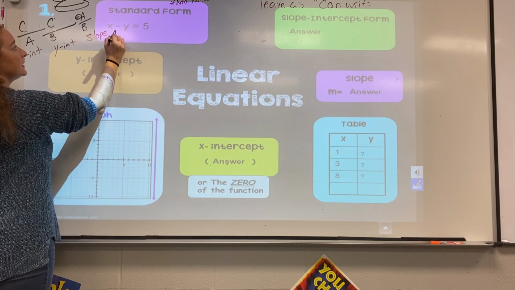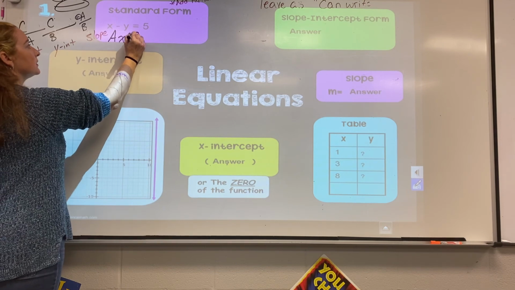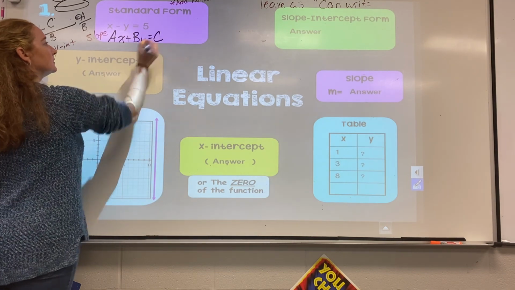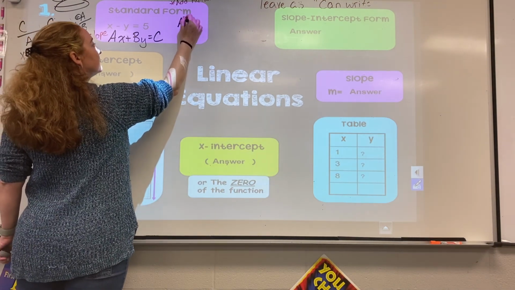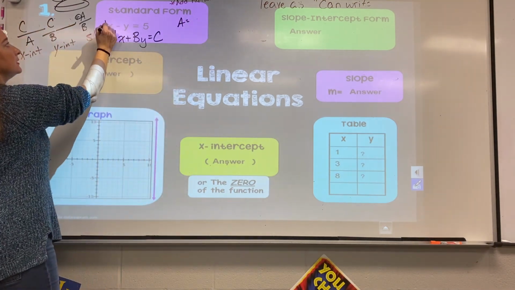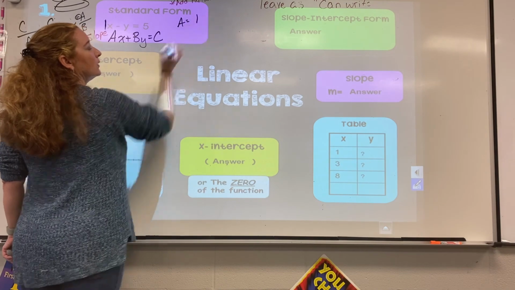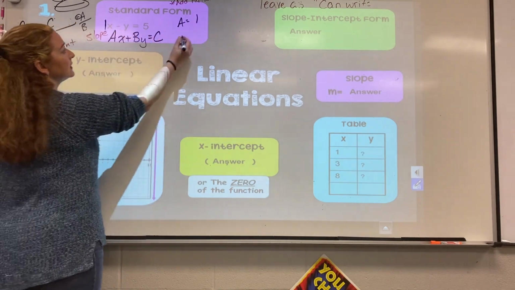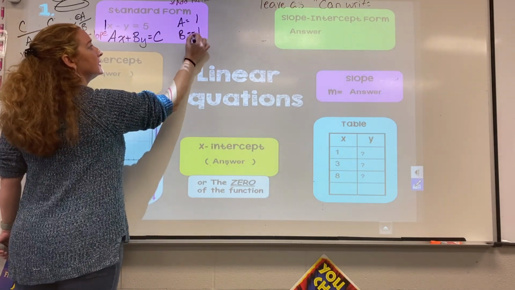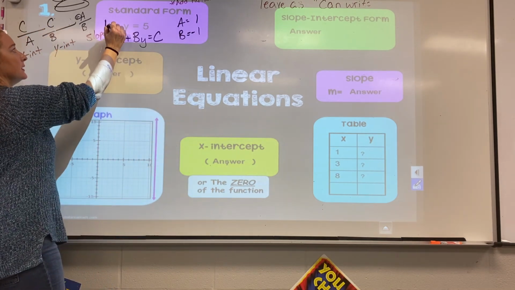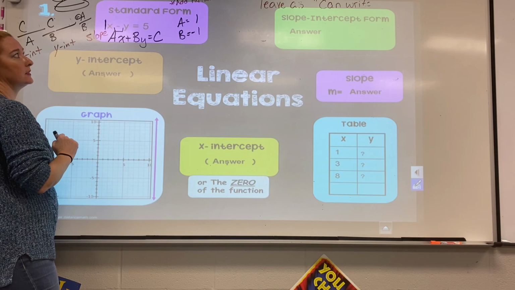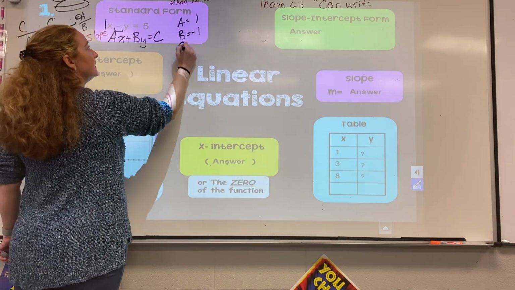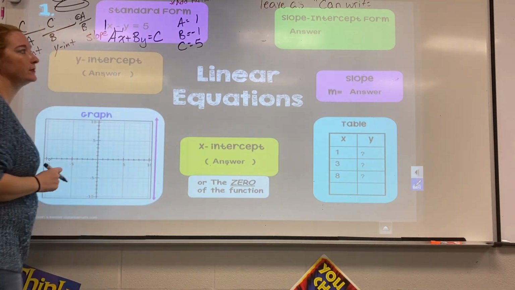So standard form is Ax plus By equals C. So my A for this problem is 1 because in front of my x is a 1. The B in this problem is negative 1. It's what's in front of my y, and it includes the sign in front of it. And then my C is 5.